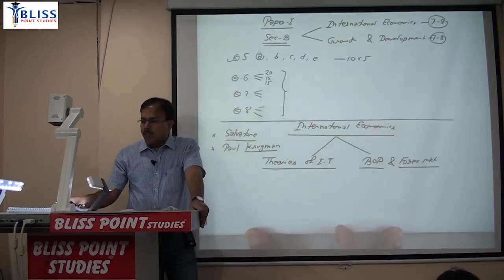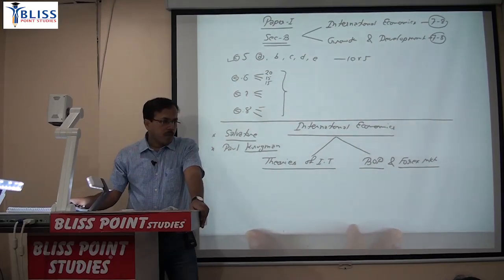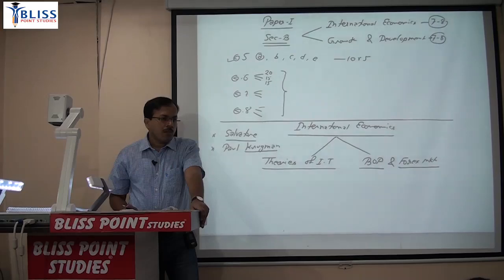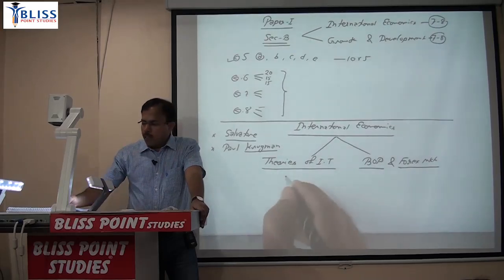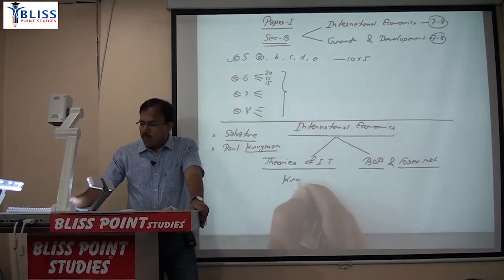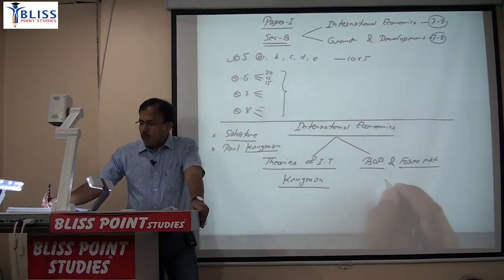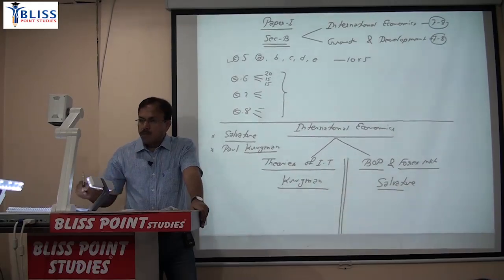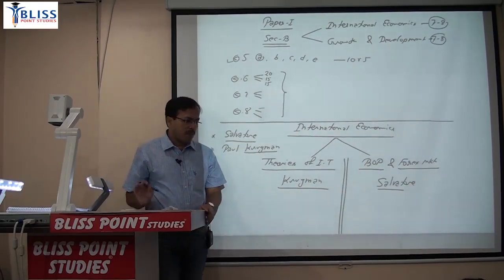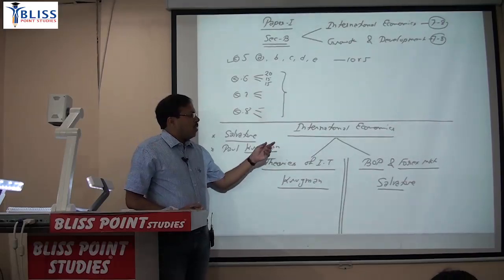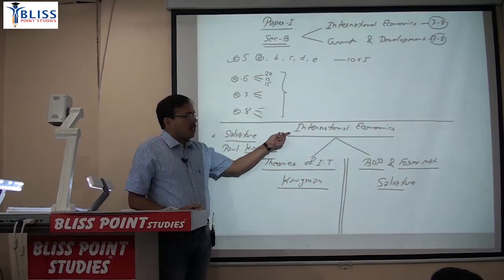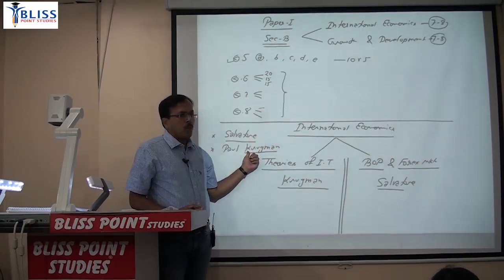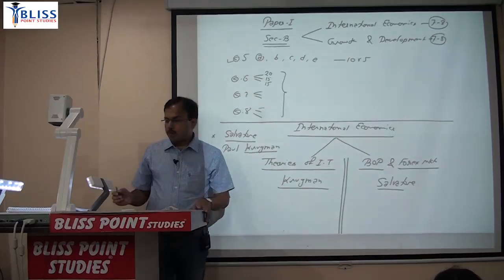So 2 sources for international economics, Paul Krugman and Dominick Salvatore. Preferably Krugman for theories, and BOP onwards from Salvatore. So the source is clear: for international economics, the sources will be Salvatore and Paul Krugman.